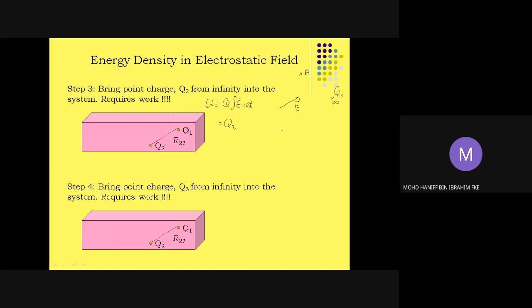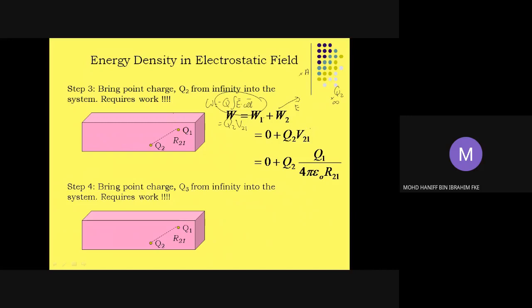So we can write that this particular E field is due to the charge Q1, and as such, W2 is given by the charge Q2 times E dot dl, and this E dot dl basically will be the potential at the point of Q2 due to the charge Q1.